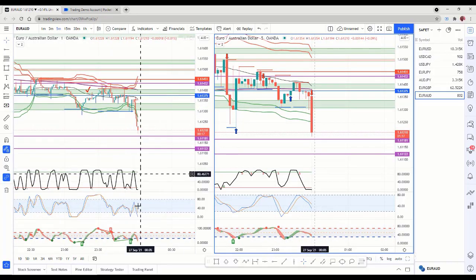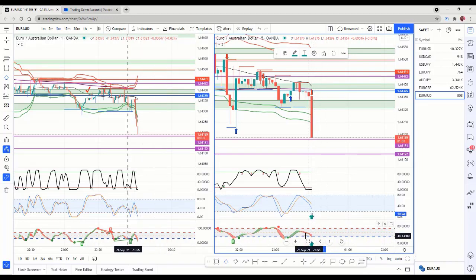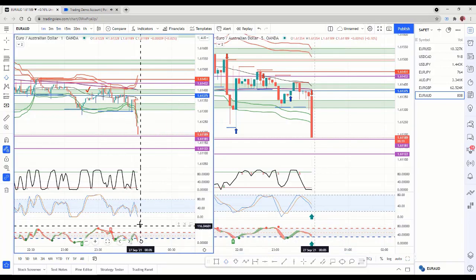But what I'm going to do now is wait for my stochastic here to tell me that it wants to buy, and here to tell me I should buy, and here to tell me I should buy.